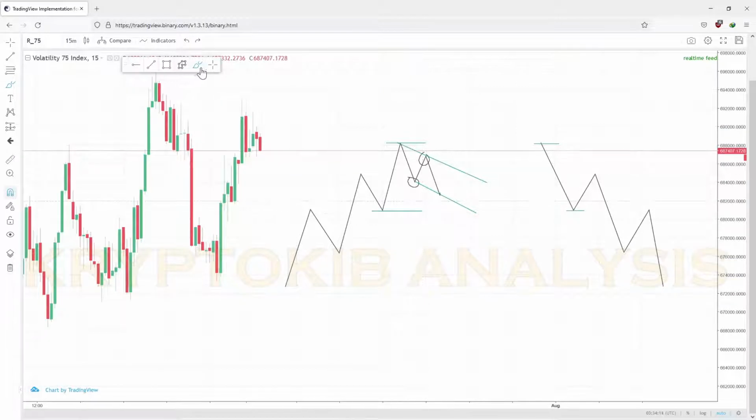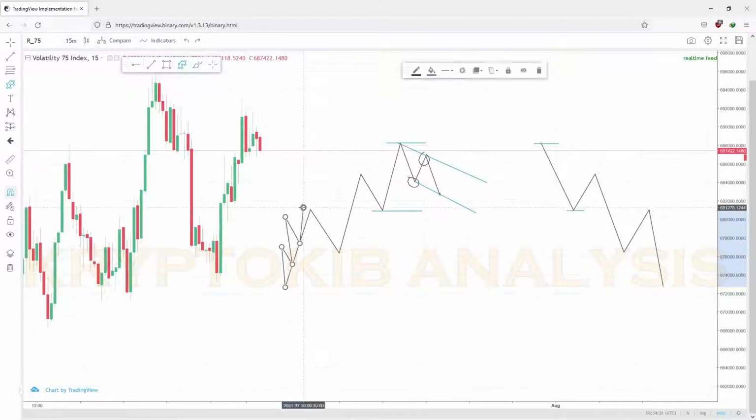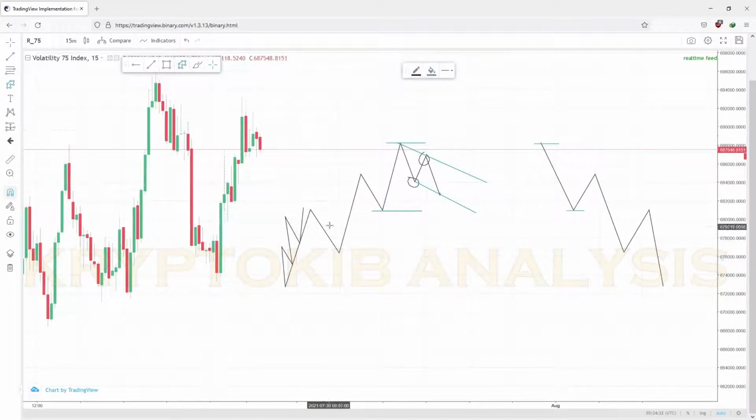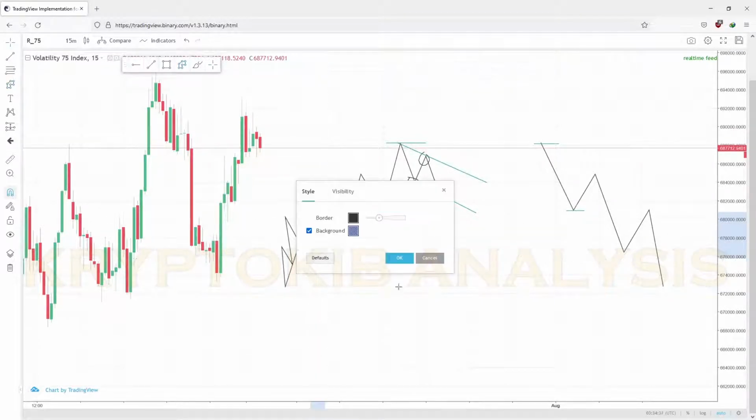So when we look at Elliott Wave as well, every wave happens in impulses and pullbacks, and in every impulse we have 5 impulse waves which become subwaves like that, and we have 3 correctional waves which is ABC like that.